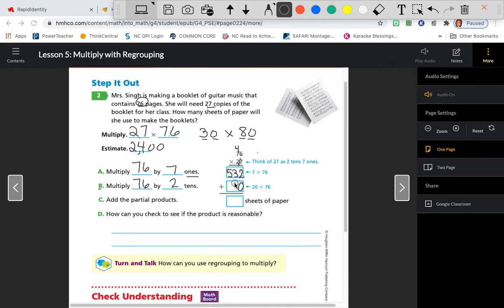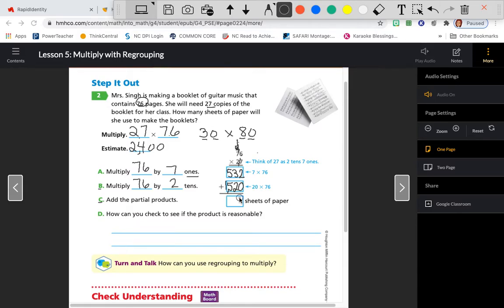We're going to put a 2 in the tens and carry our 1 over. You can mark out that 4 so you don't forget that you've already used it. Then we have 7 times 2 is 14, plus 1 more is 15. So that's 1,520.